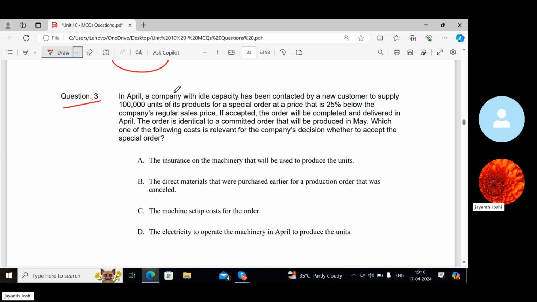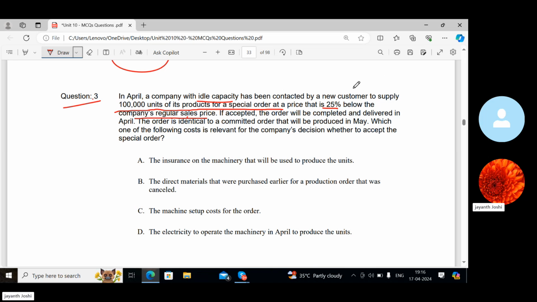In April, a company with idle capacity has been contacted by a new customer to supply 100,000 units of its products for a special order at a price that is 25% below the company's regular sales price. That's the question. So in April, a company with idle capacity has been contacted by some new customer to supply 1 lakh units of its products for a special order.